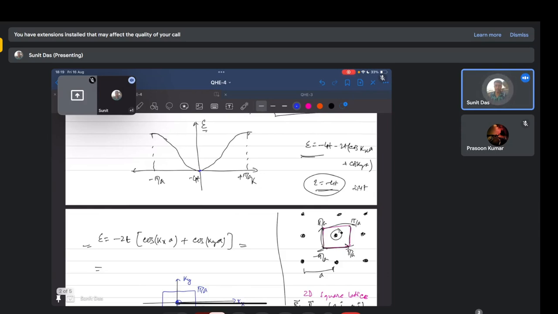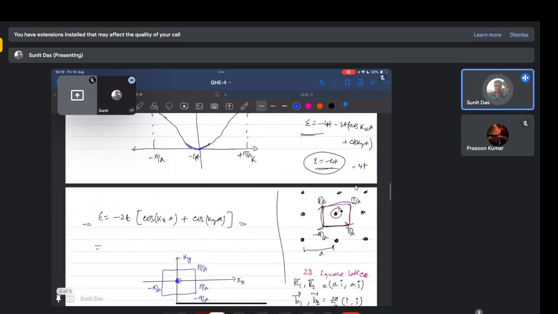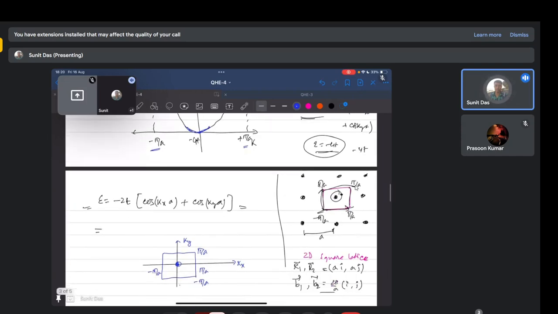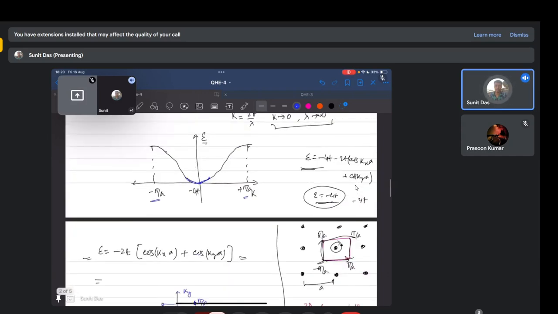We have this type of parabolic dispersion. But as we go towards the end of the Brillouin zone boundary, let's say these are the boundary points, 1, 2, 3, and 4, then it becomes a little bit flattish. It has no slope exactly at the boundary.